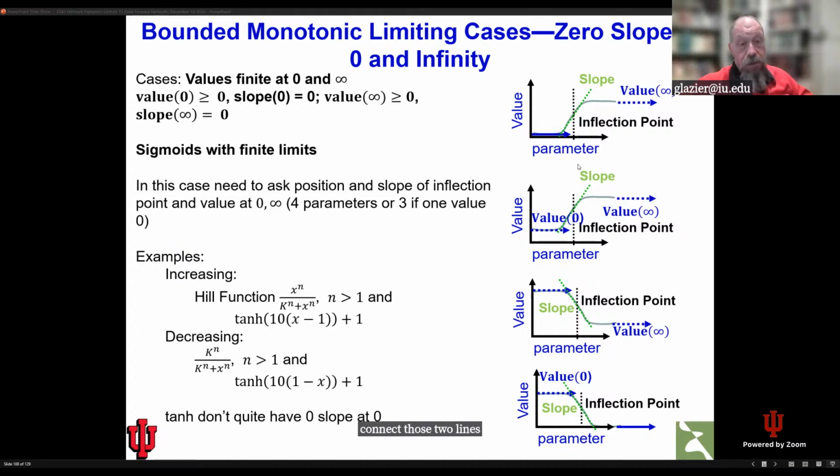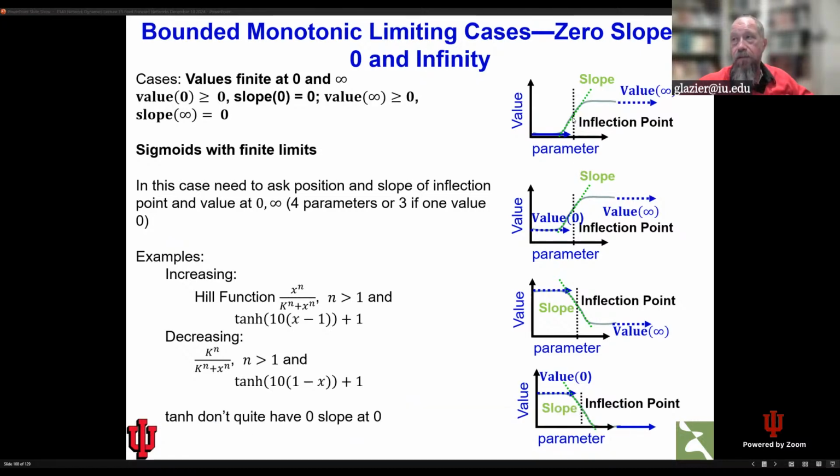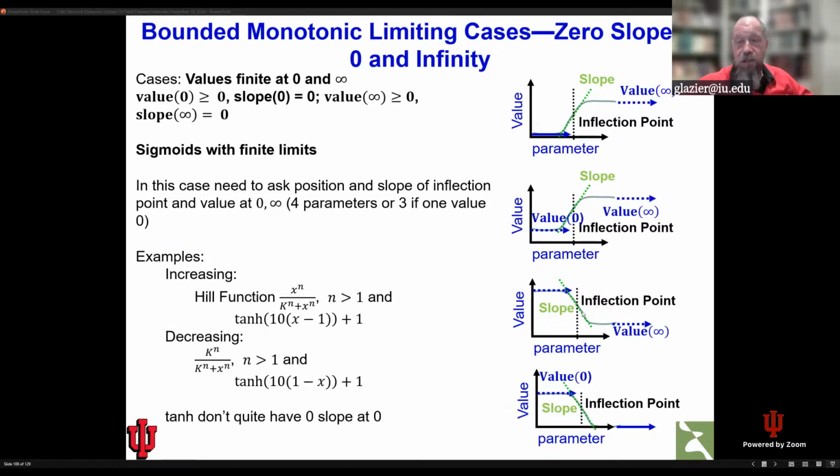The only way we can connect those two lines following those rules is a sigmoid. If we have a sigmoid, we have to ask, where is the position of the inflection point? Because the slope has to increase and then decrease again. What's the slope at the inflection point? And that basically gives us the Hill function. Could also be a hyperbolic tangent, but that's about all.